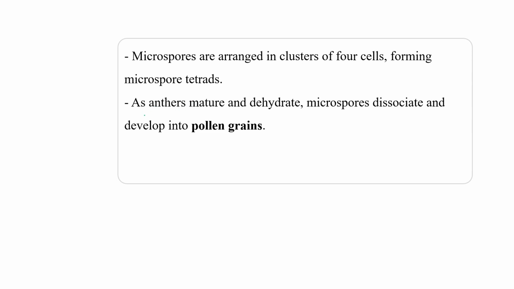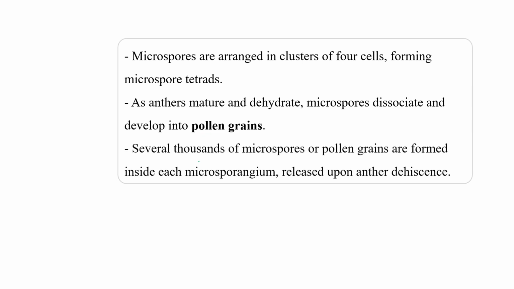At that time the anther matures and dehydrates, and the microspores dissociate and develop into pollen grains. Several thousands of microspores or pollen grains are formed inside each microsporangium, and they are released upon anther dehiscence.